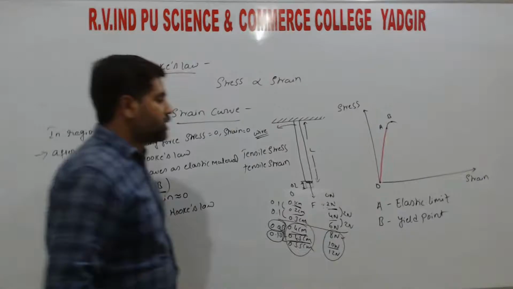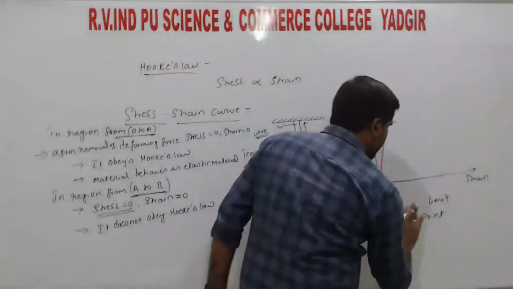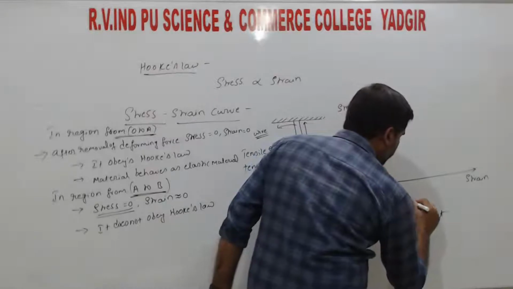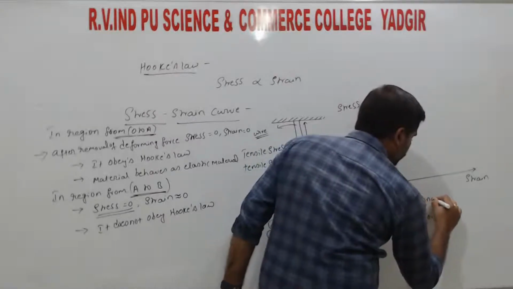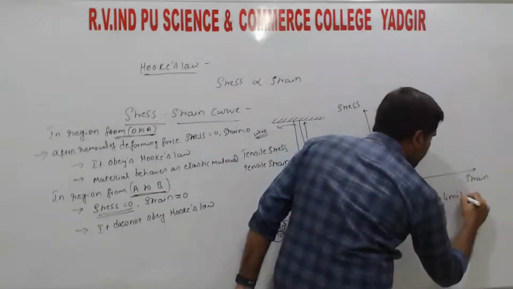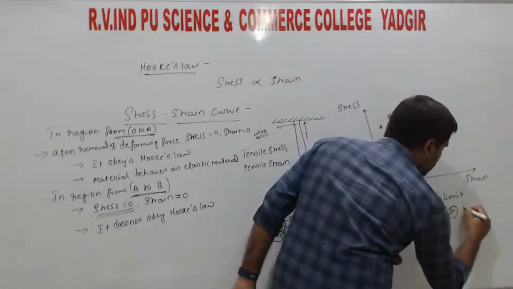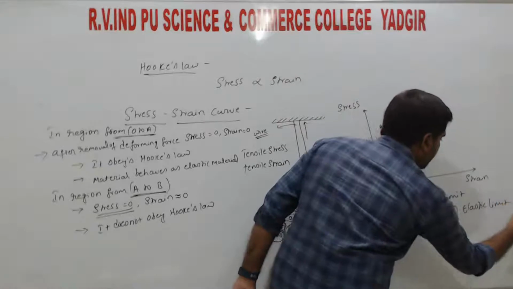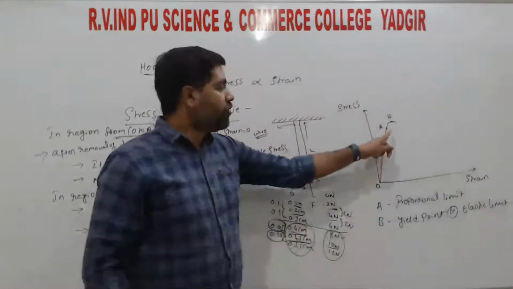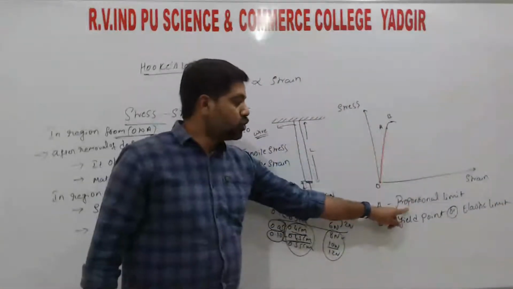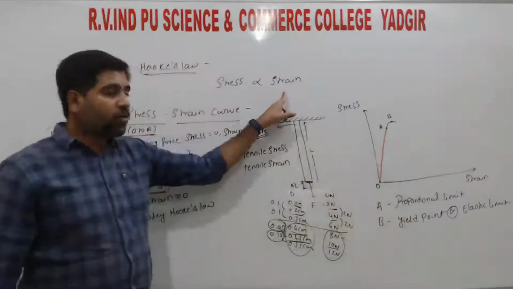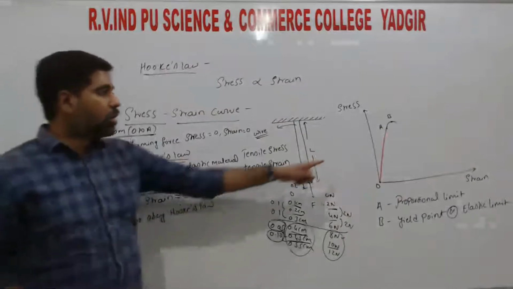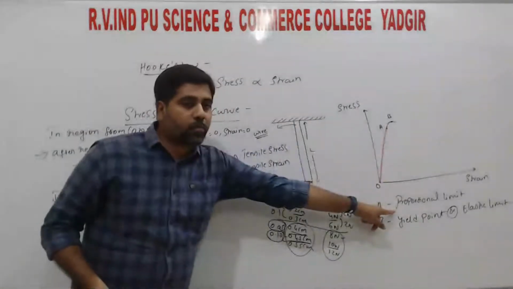Not the elastic limit, it is the proportional limit. Why? Because it is proportional. So this is the yield point or elastic limit. Why are we calling point A the proportional limit? Because stress is directly proportional to strain, that is, it obeys Hooke's law. Hence, up to point A is called the proportional limit.